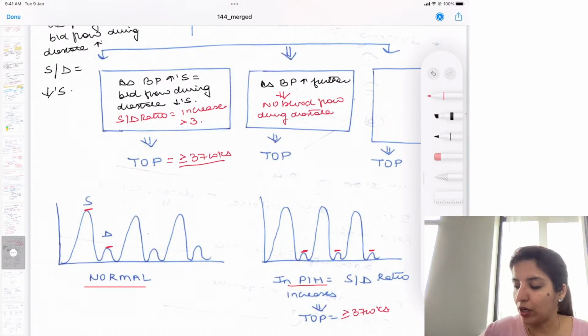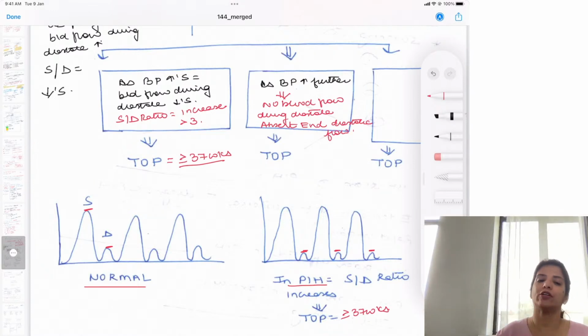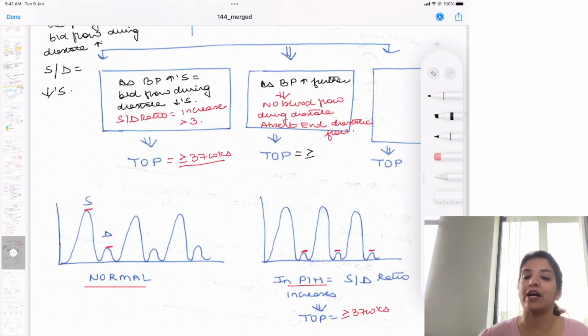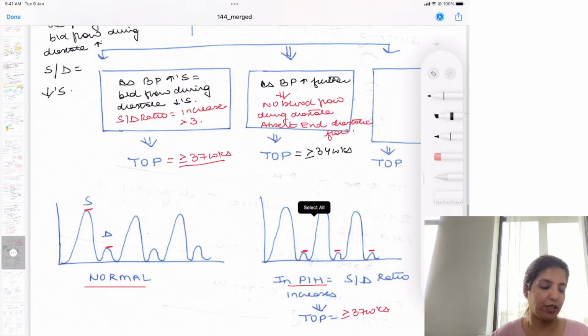This is called absent end diastolic flow. And if you are getting absent end diastolic flow, then termination of pregnancy has to be done like in patients of severe preeclampsia at more than or equal to 34 weeks.